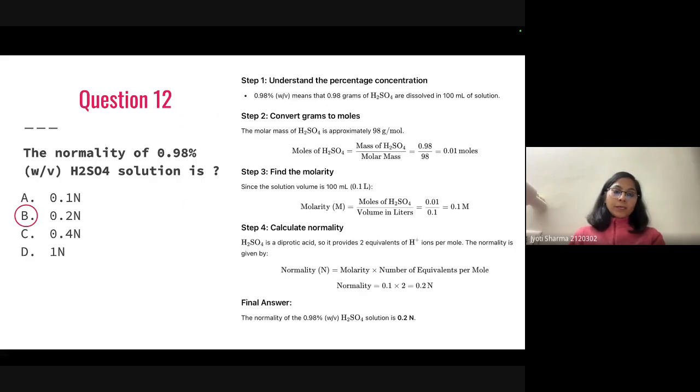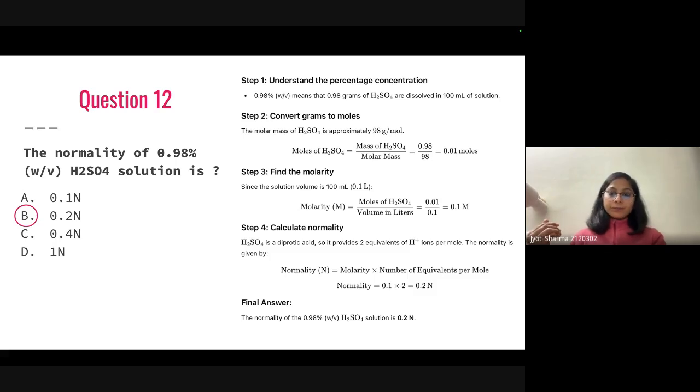Okay, here the answer is 0.2 normality, and how is it, because we know that 0.98 gram of H2SO4 is dissolved in 100 ml of solution. Converting into number of moles, it is mass by molar mass, and the molar mass of H2SO4 is 98, so the number of moles will be 0.01 moles.